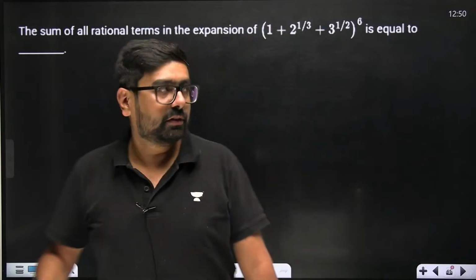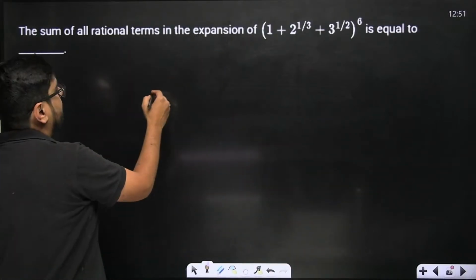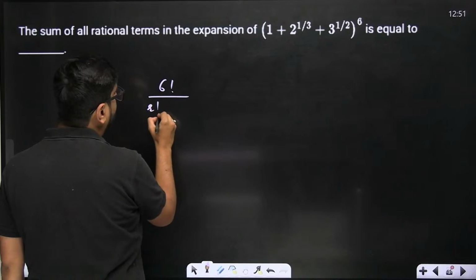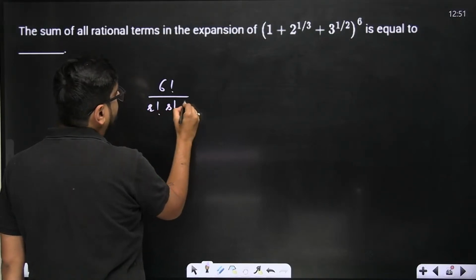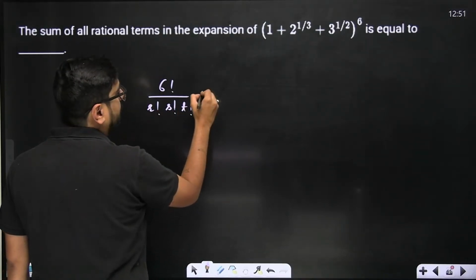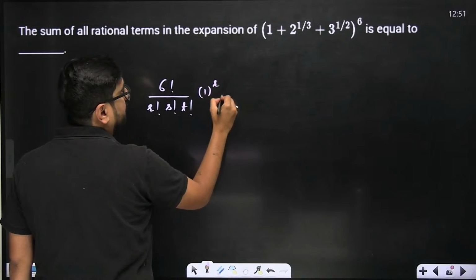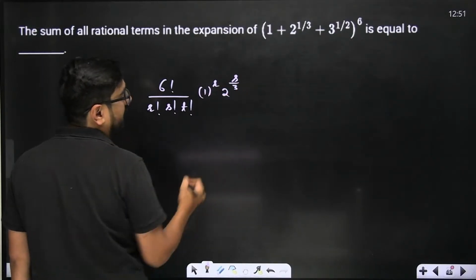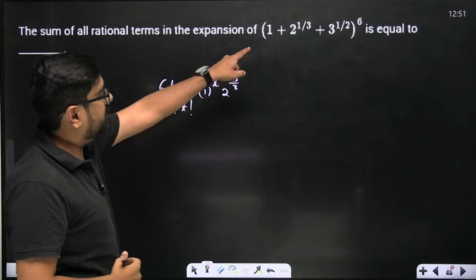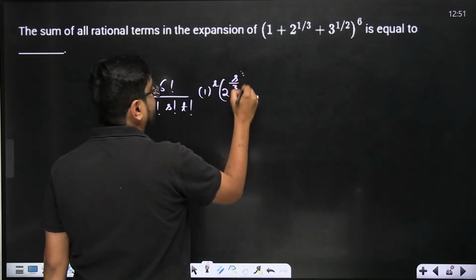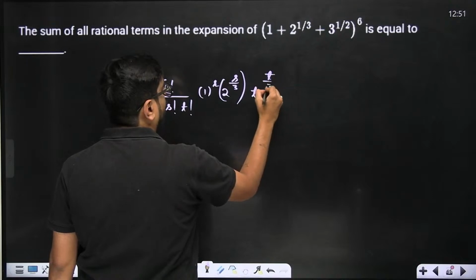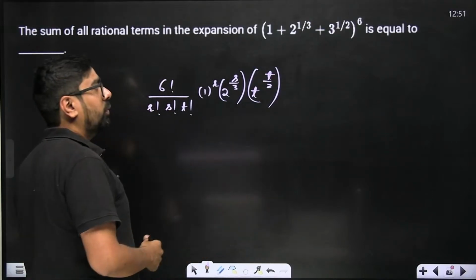Now this question, for example, n is 6, so 6 factorial divided by r factorial, s factorial, t factorial multiplied with 1 to the power r, then 2 to the power s by 3, this is y, multiplied with t to the power of t by 2. Okay.